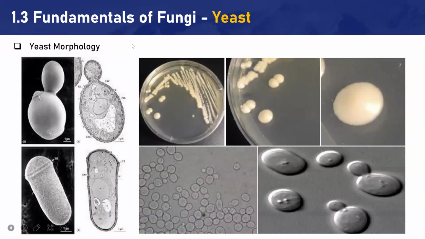The size of yeast is bigger compared with bacteria, so they can use the nutrition in the culture medium to grow rapidly. So the colony of yeast is usually bigger compared to the bacterial colony.